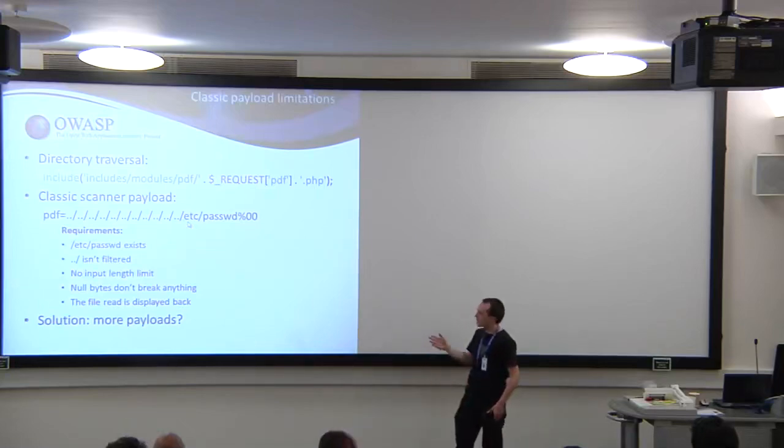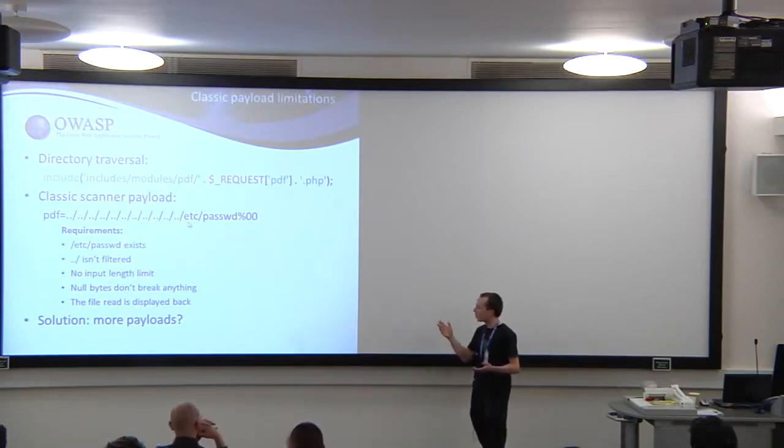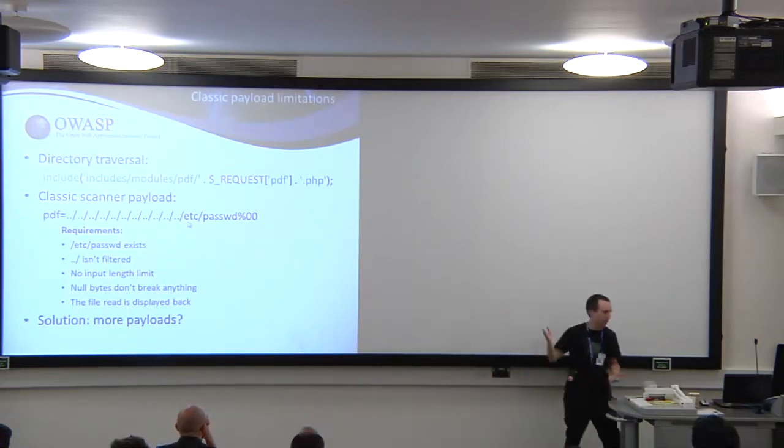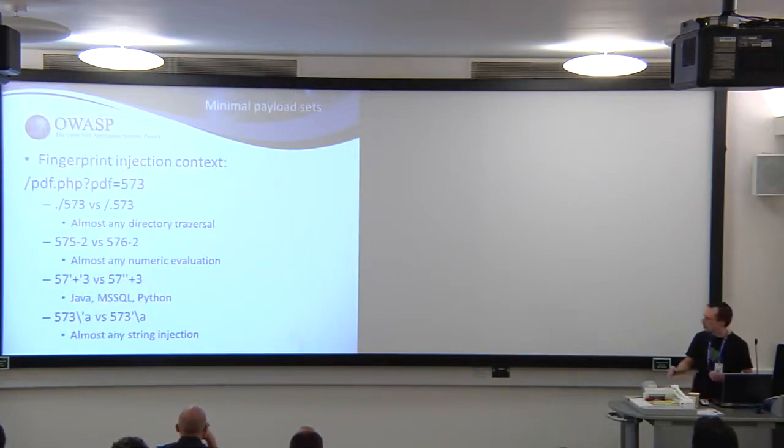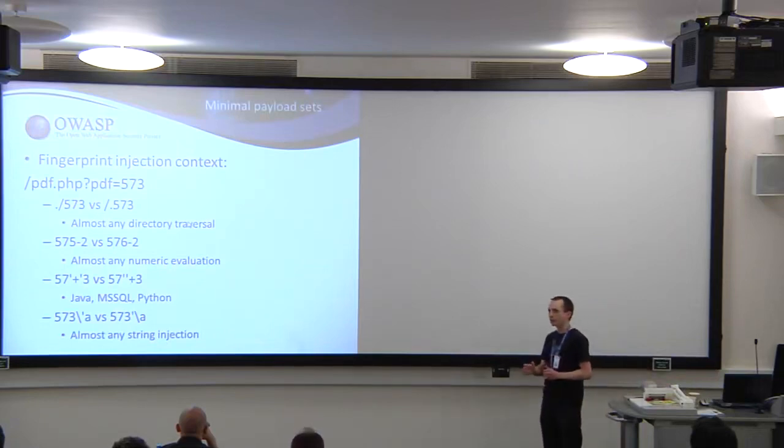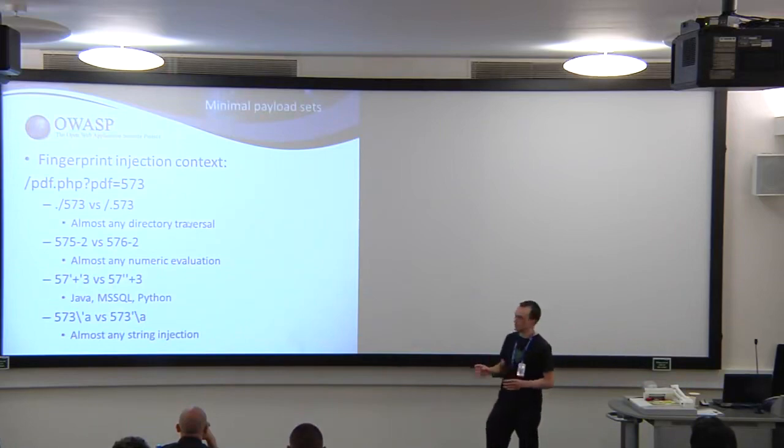And scanners can try to deal with this by adding more and more payloads, but the payoff of each payload drops when they're that specific. And they will always miss things that are vulnerable to this technique. And what I've been looking at is breaking the techniques down to the absolute minimum required to establish that there's something suspicious going on that's worth investigating.